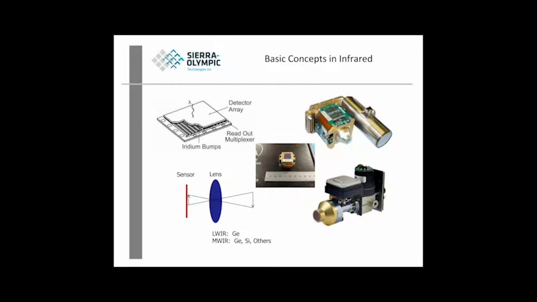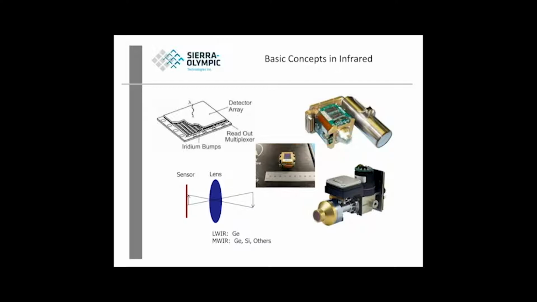You have these refrigerators, they're heavy, they're complicated, they're expensive, that have to cool these sensors down to extremely low temperatures. In the middle there, that's a little picture on our bench of a typical uncooled system. So you can see how small and tiny it is. You're not looking at the sensor per se, but you're looking at a window in front of the sensor.